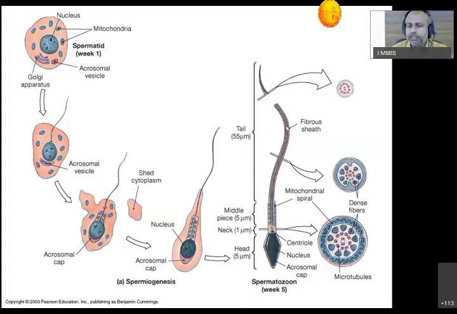This is the principal piece, and this is the end piece. We will see the structures found in the middle piece, principal piece, and end piece of the tail of the spermatozoon. Here you can see the cell membrane followed by the acrosomal cap containing digestive enzymes.